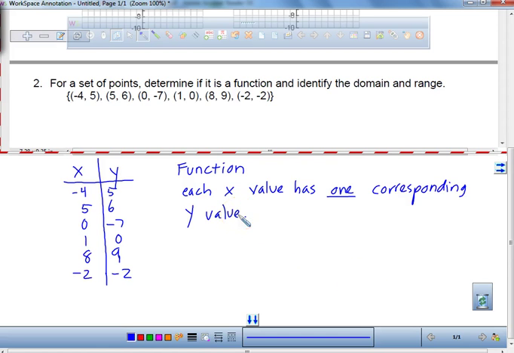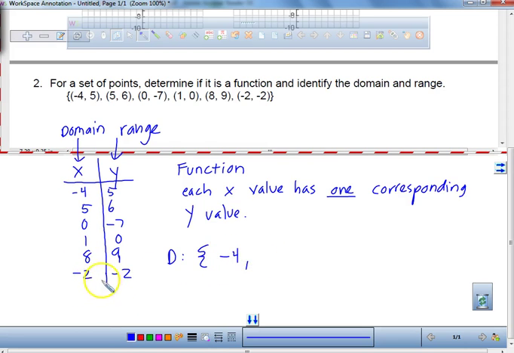Now, let's talk about the domain. Everybody, these values are the domain, and these values are the range. So here's how we're going to write the domain. The domain is the set of all the x values. We're going to list them from least to greatest. So what number would you consider to be the least over here? -4.